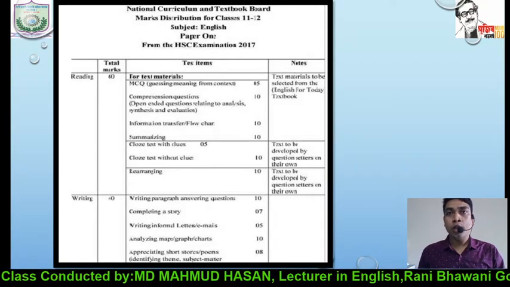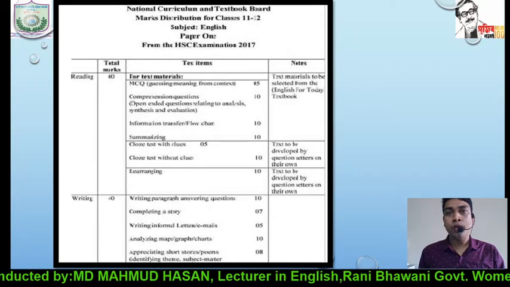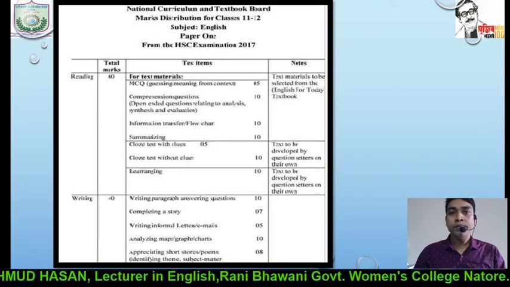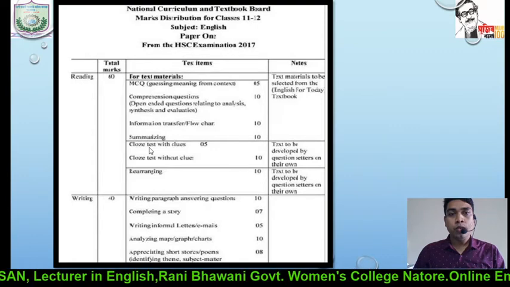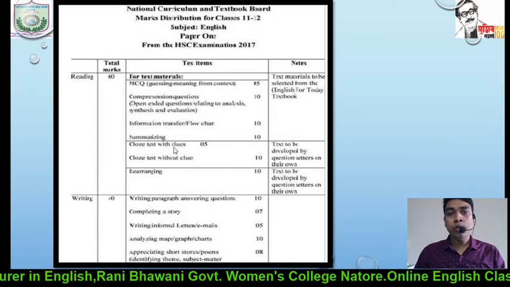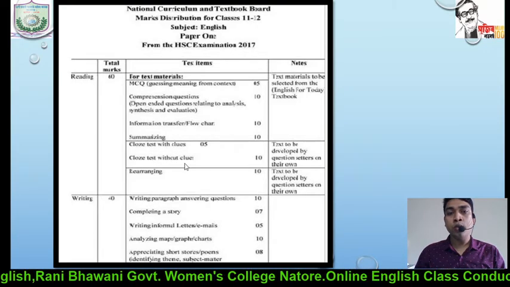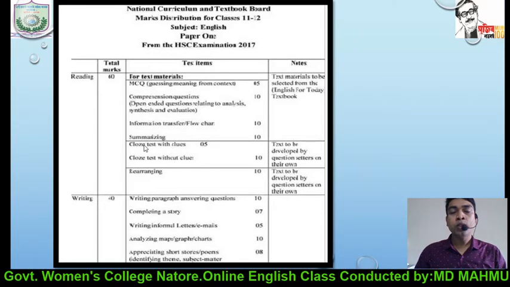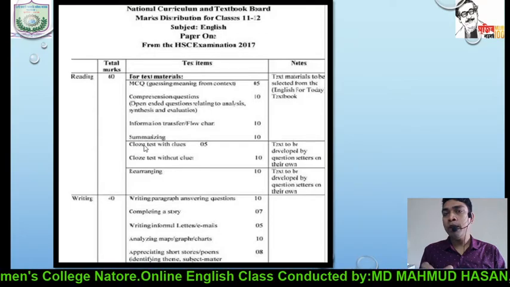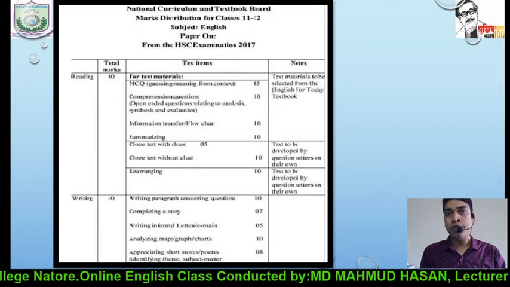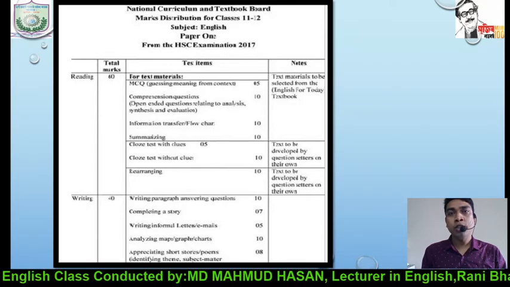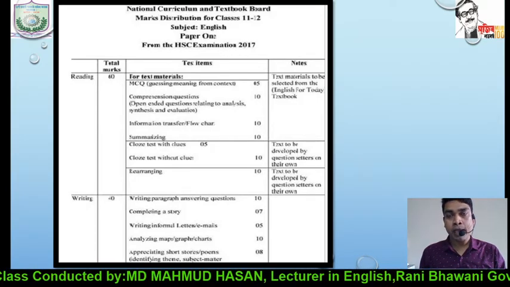Then you need to answer 2 cloze test question items. One is to be done with clues and another one without clues. That means in the cloze test item you will be given some information, and basing upon the information you need to complete the gaps.